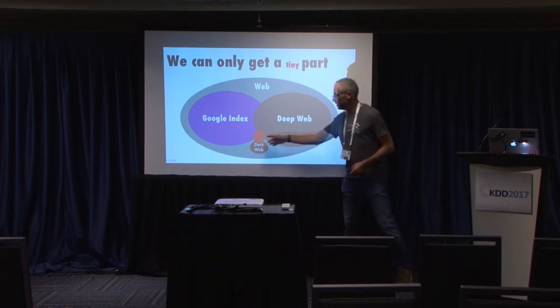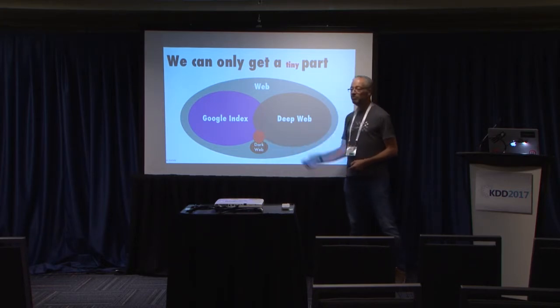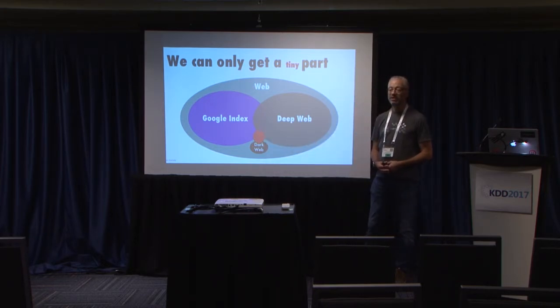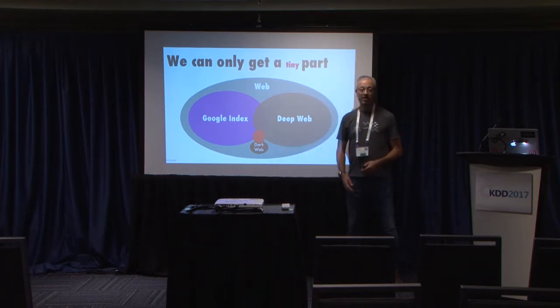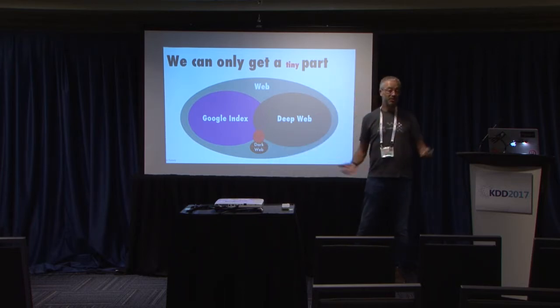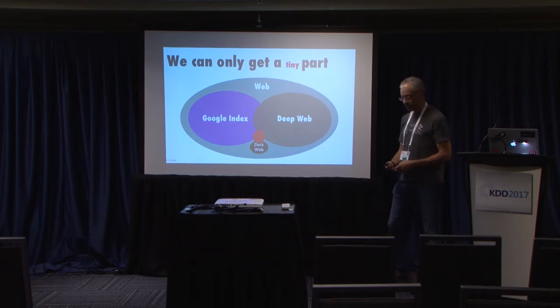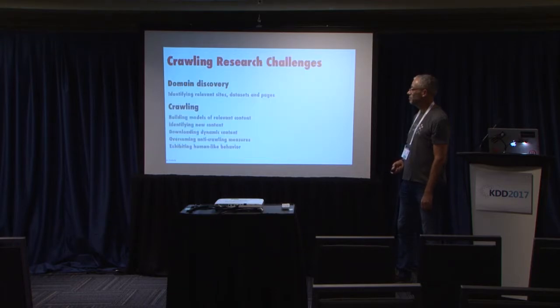You may want some part that Google indexes. Typically, you may want some parts from the deep web that Google doesn't index. You may want some parts of the dark web. And of course, there might be things in the open web that Google didn't index anyway. So you want to be able to get to all that for your domain.